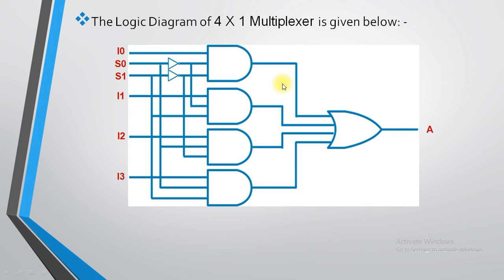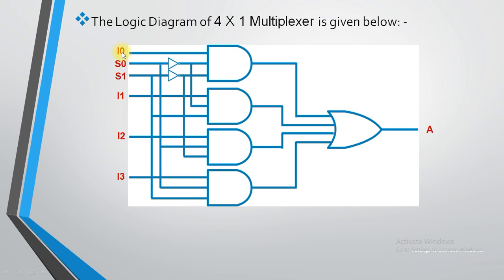This is the logic diagram of the 4 by 1 multiplexer, in which there are 4 AND gates. The outputs of the 4 AND gates are used as the input lines of the OR gate. Finally, you will get one output line because we have a 4 by 1 multiplexer.